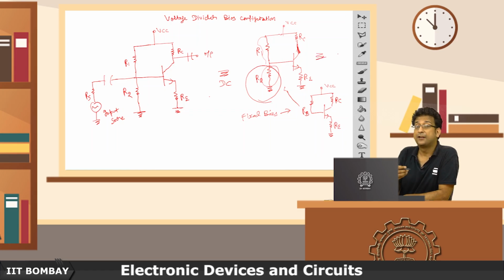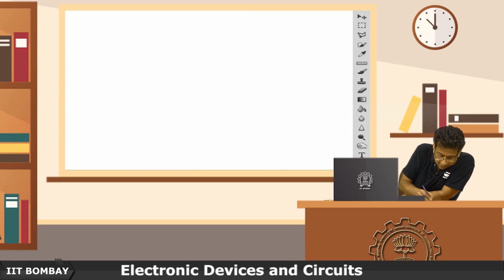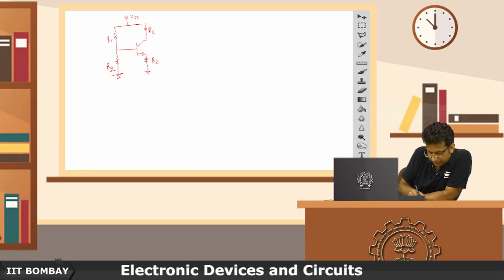We will apply Thevenin's theorem, which is well known, and you must have studied it in electric circuit courses. Let me again draw this circuit: R1, R2, which is grounded, this goes to RC and this is RE.